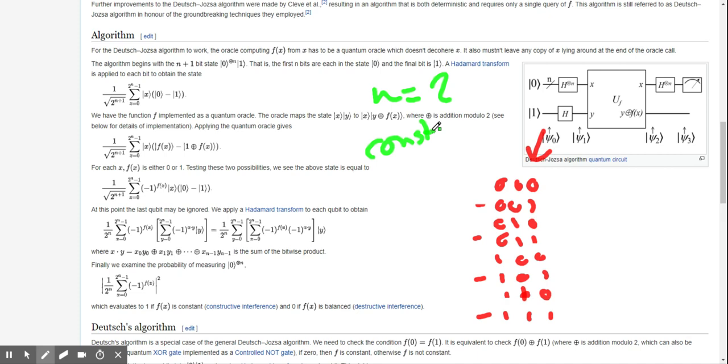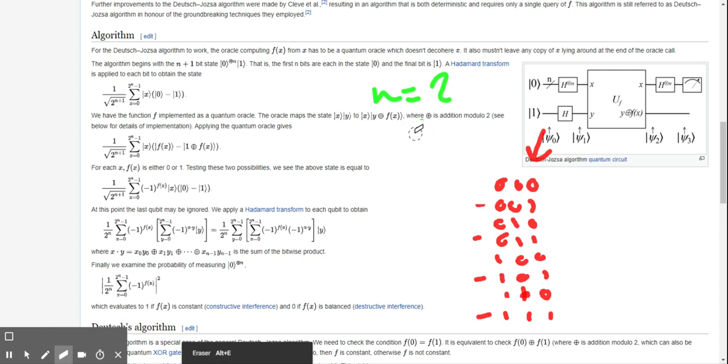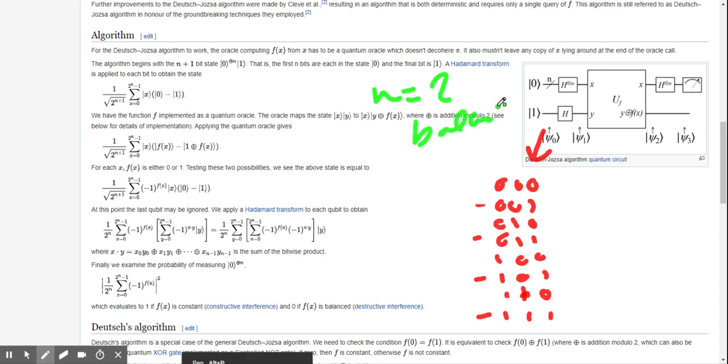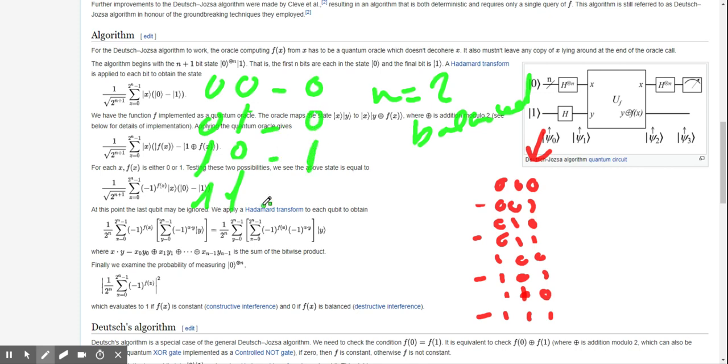So this means that we are going to add a, not constant, but balanced. And let's say that it's the following way. So this is the function, and if this is the input, it outputs 0 and 0, here outputs 1, here outputs 1.